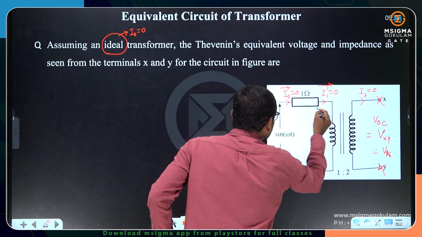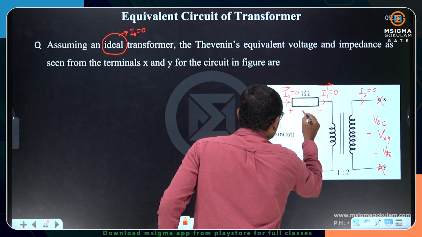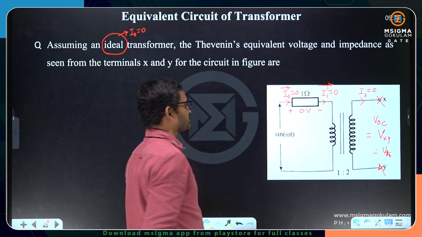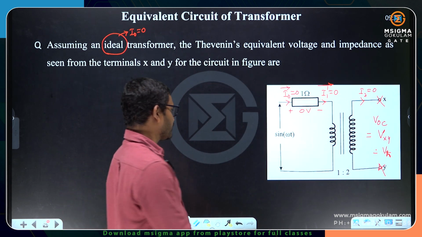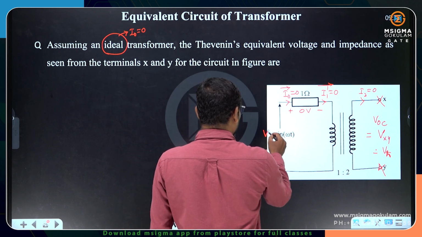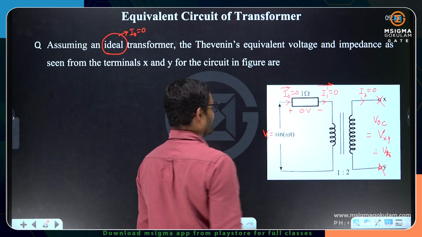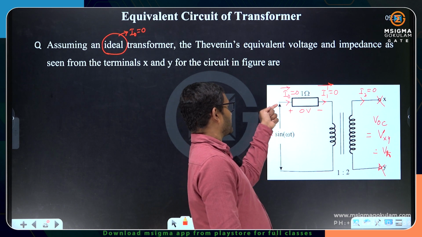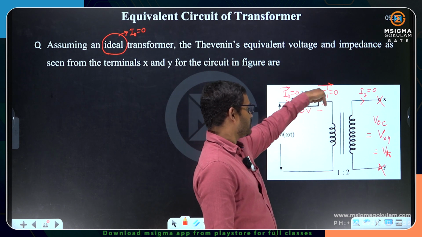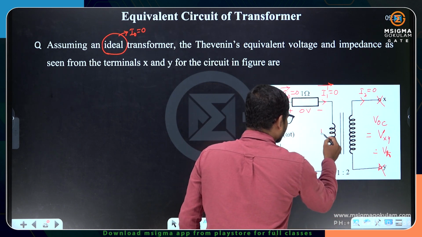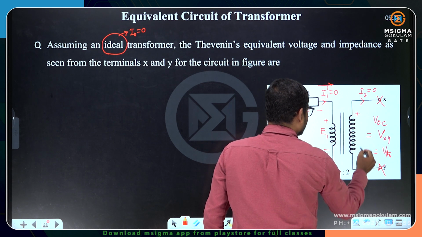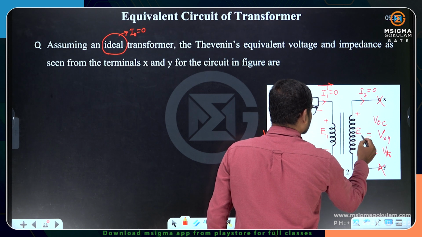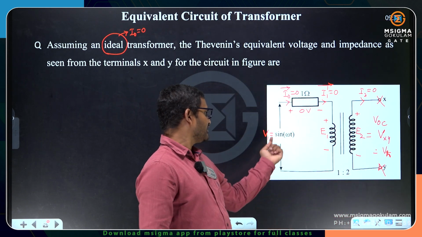If 0 current is flowing, can you tell me the amount of voltage drop across this 1 ohm resistor? The voltage drop across the 1 ohm resistor is also going to be 0. Now if you apply KVL, this is my supply voltage, sin omega t. Sin omega t minus 0 is equal to the induced EMF. Here I can take the induced EMF as E1.